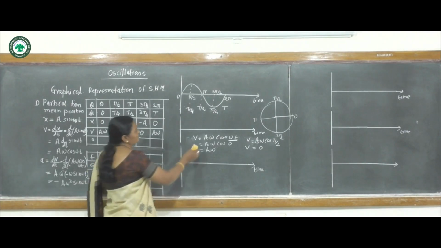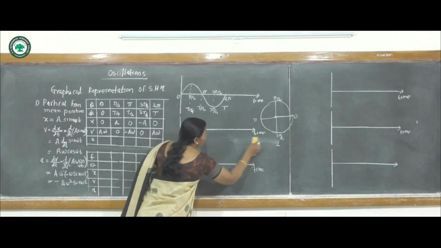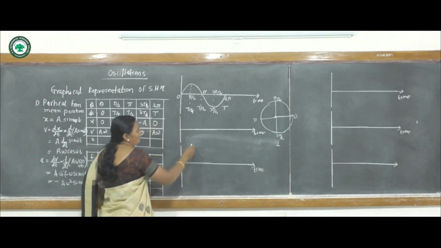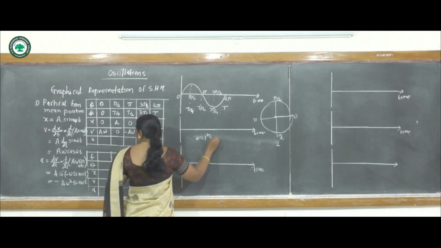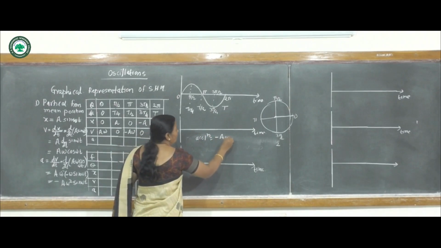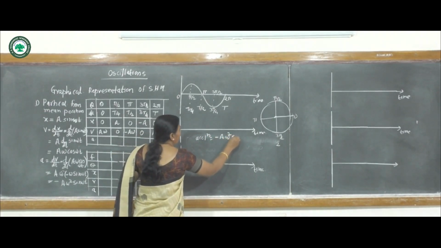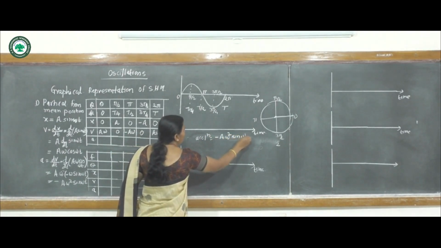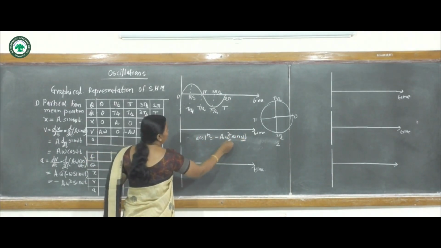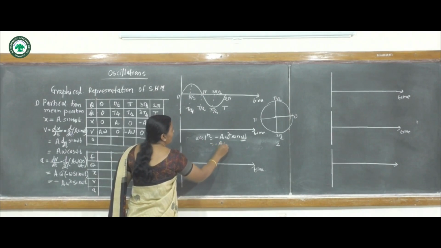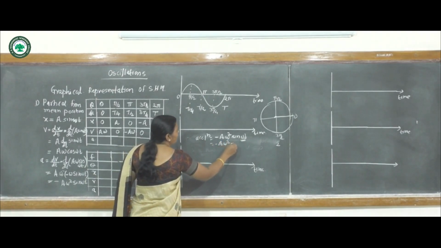Now the next, that is acceleration. The formula is acceleration is equal to minus a ω² sin ωt. Now substitute the first value, that is 0 here: minus a ω² sin 0.